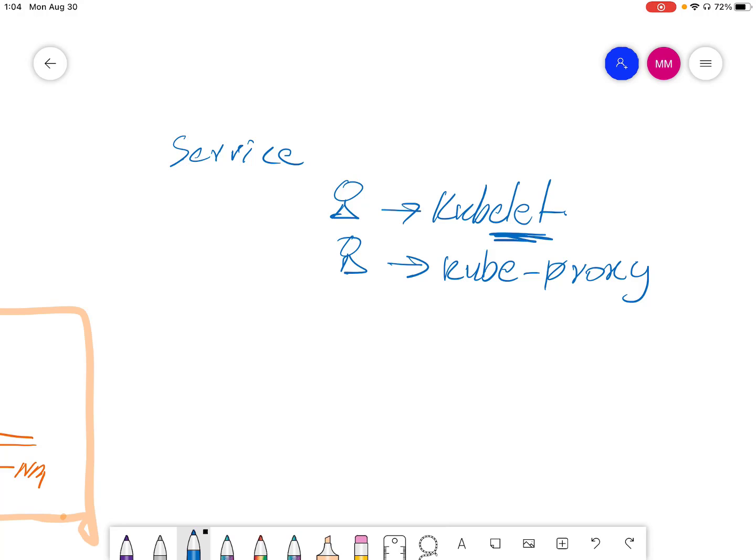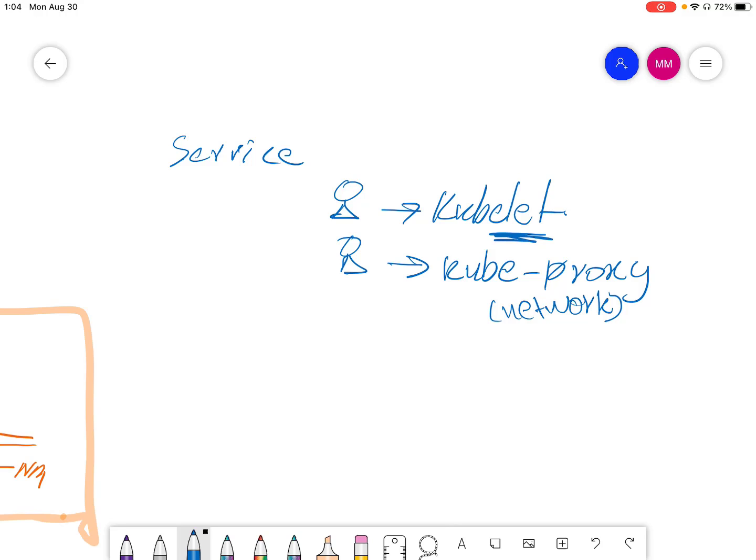The job of the kube proxy is not to create more containers or delete containers. Because it is really a network proxy, the job of kube proxy is just to have your containers talk to each other.